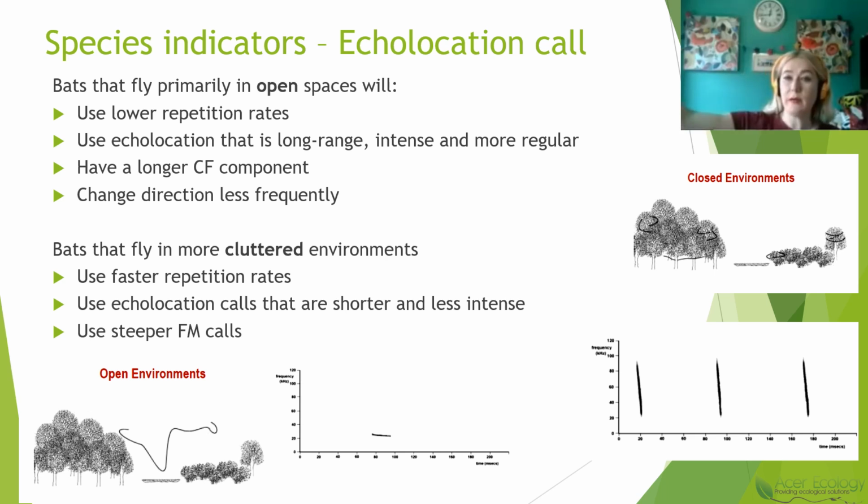If you're in an open area and you know you have open space in front of you, there's no reason to echolocate as frequently. So a noctule, for example, foraging in an open area, will have a much slower repetition rate, whereas a Natterer's bat gleaning near a tree, trying to avoid crashing into it and finding insects around that tree, will have a much quicker repetition rate.